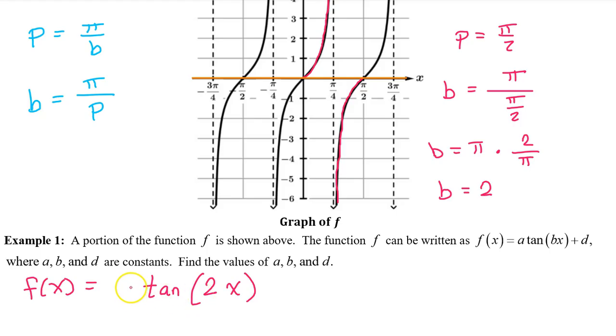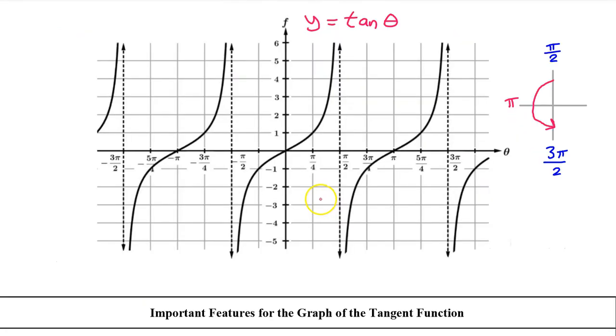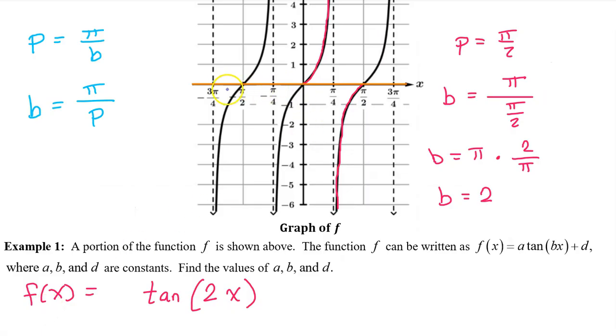But what about the a value? The a value is the vertical dilation compared to the parent function. So let's examine some output values on the parent function. At the quarter period, the output value is 1. Let's compare that to the output value of f at the quarter period.